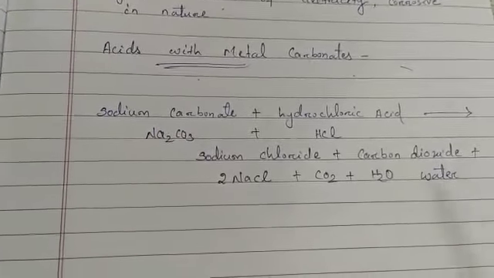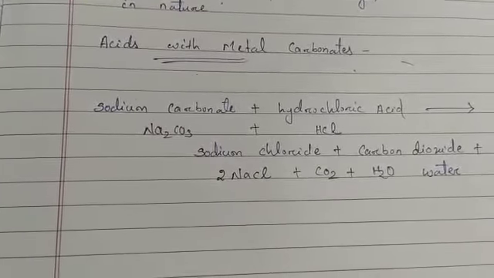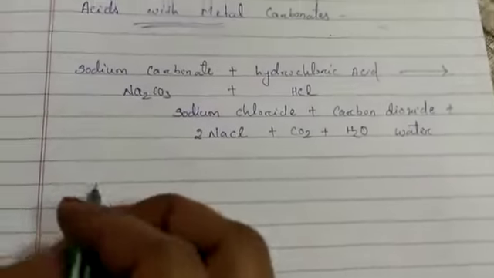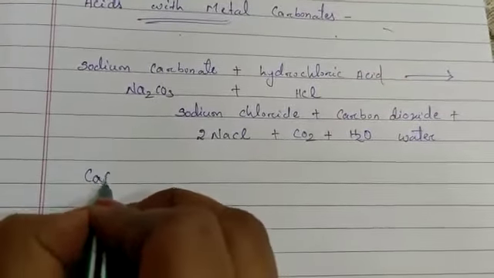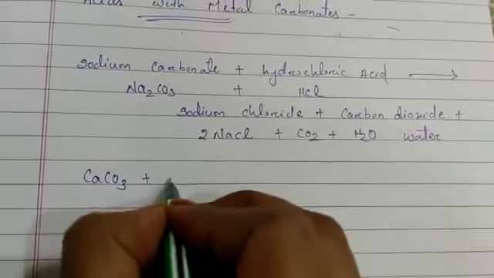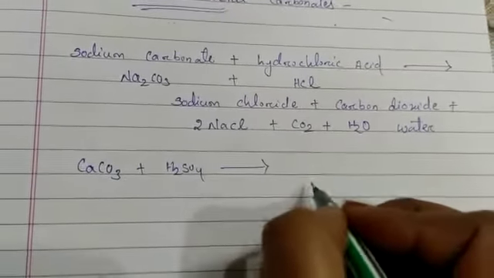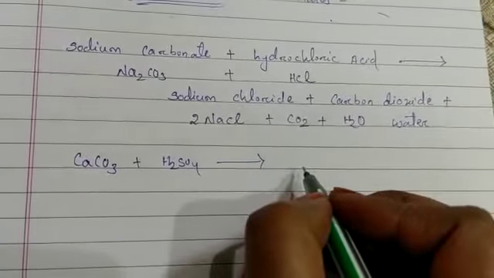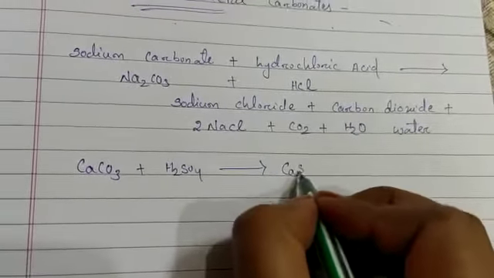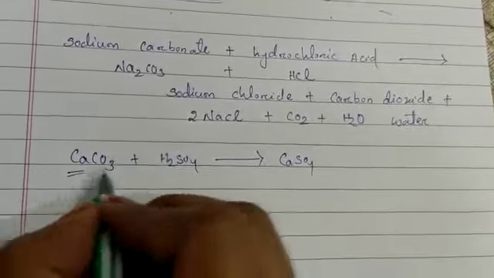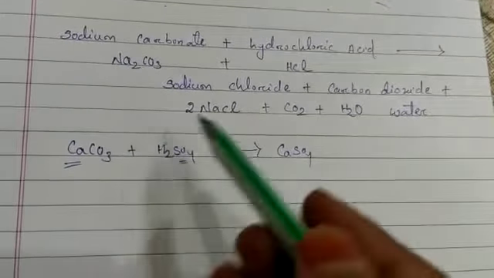Another example you can take is calcium carbonate with sulfuric acid. Calcium carbonate, CaCO3, plus sulfuric acid, H2SO4, gives the salt calcium sulfate, CaSO4, calcium from here and sulfate from H2SO4.